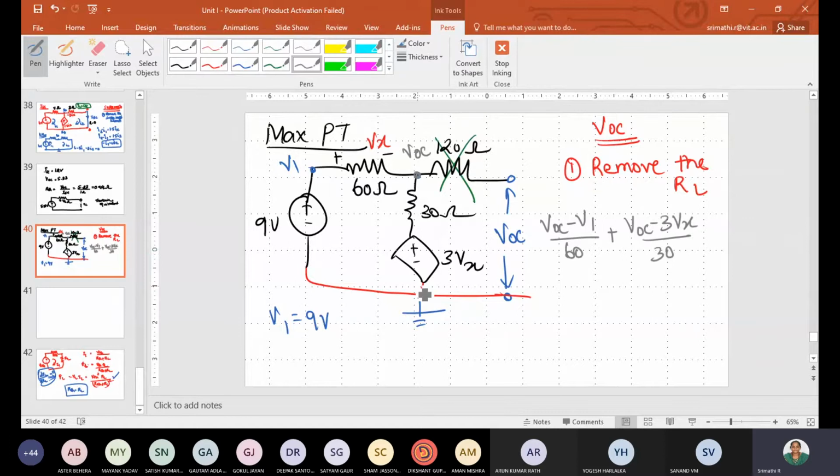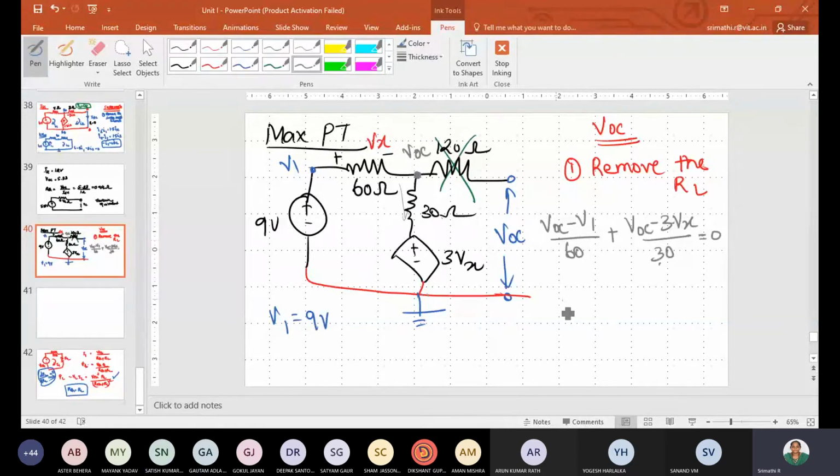It's a voltage source again, right? This is one potential, this is another potential. We are moving from this end to this end, so it is VOC, and it's a potential drop. It is VOC minus 3Vx. I have a resistance here, so 30. Is it okay? Is equal to 0.